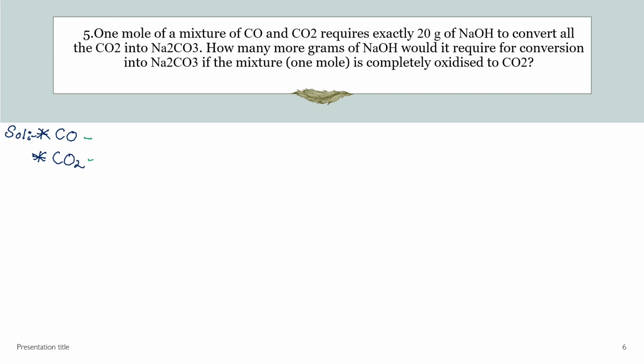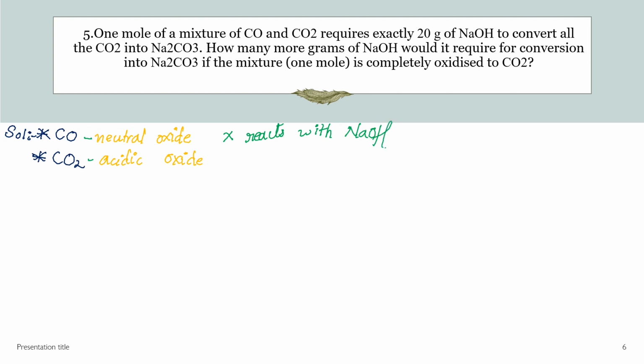Okay. So CO is a neutral oxide. But in the case of CO2, it is an acidic oxide. Now, with this hint, we can understand which reacts with NaOH and which won't. So CO, as it is a neutral oxide, doesn't react with NaOH, right?